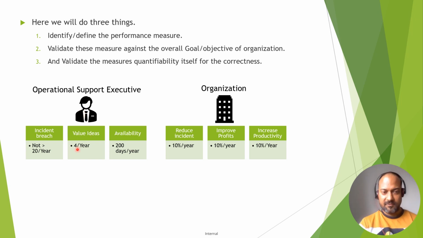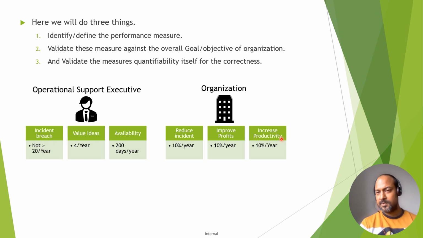Even if you are giving 4, it could be that one gets hit and implemented, giving some profit margin to the organization. You are just one employee; hundreds and thousands of employees giving 4 value ideas per year would ultimately lead to more than 10% or 50% profit margin per year for an organization.